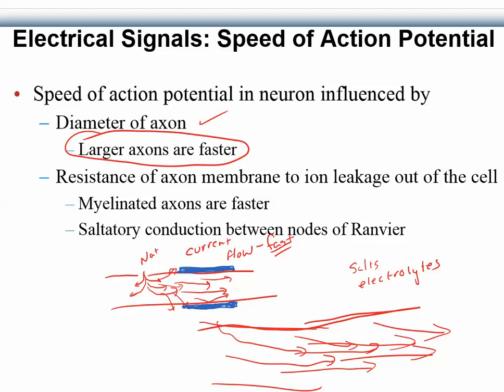So if we cover that with myelin, let's put a little more myelin. Let's make it go all the way over here. What we can do is spread out our voltage-gated sodium channels.